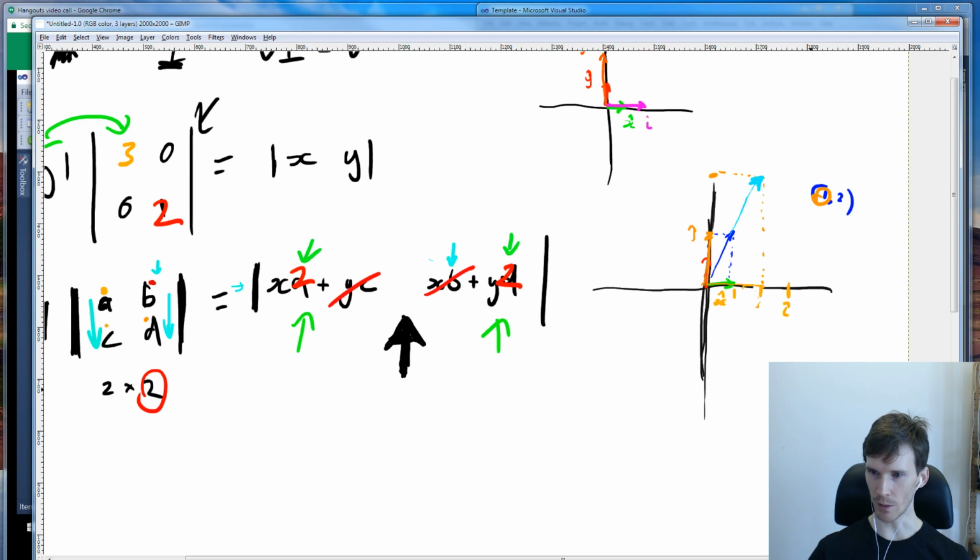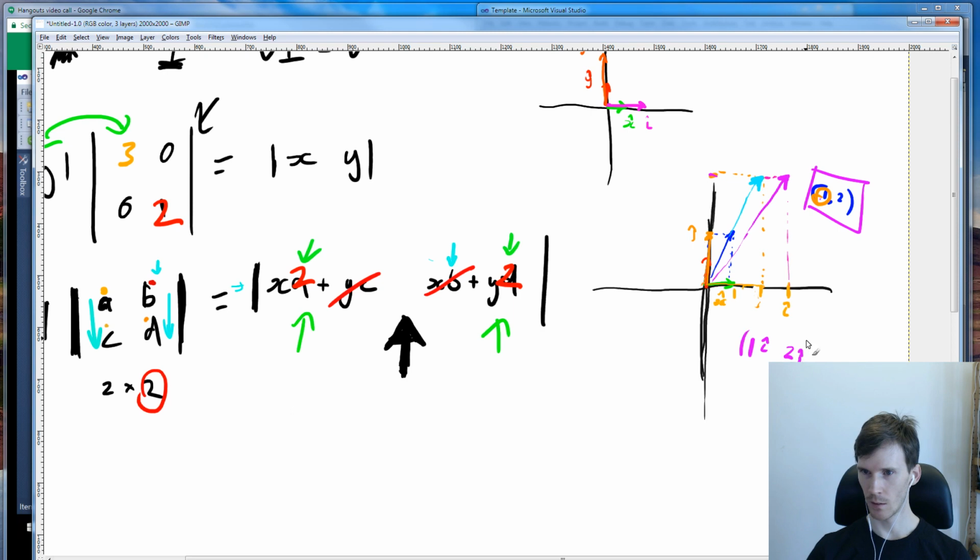You end up going out to here, and you get this vector here. And this 1, 2 vector is made up of 1 times I hat and 2 times j hat. So we've basically just stuck this I hat and j hat in.